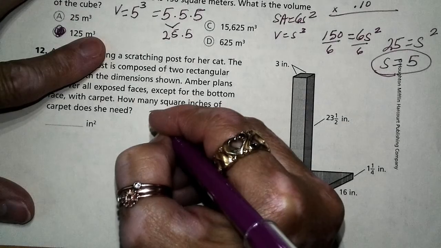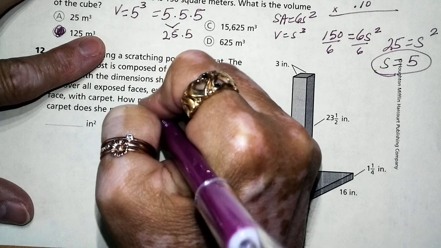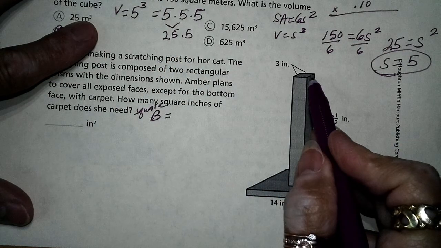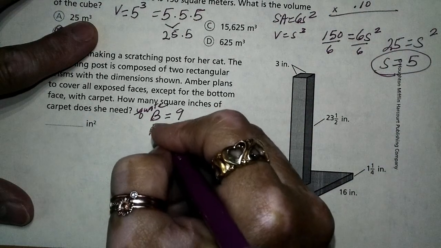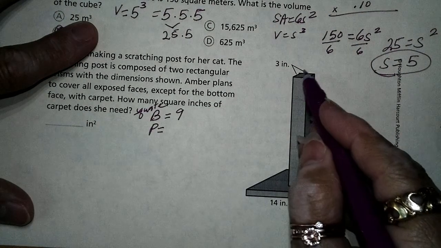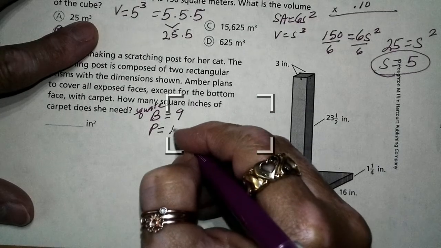All right, so the area of the square, so the base area would be 9, and the perimeter would be 3 plus 3 plus 3 plus 3, which is 12.